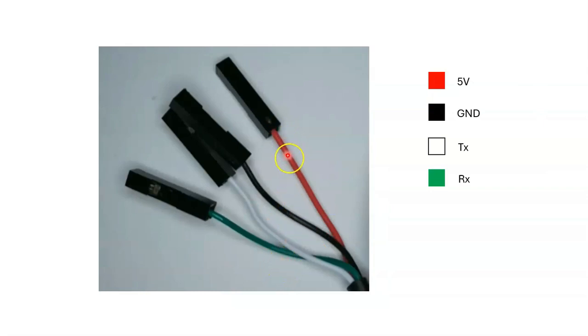The red wire is the 5 volts. The black wire is the ground. All these are referring to the USB TTL adapter cable. Now the white connection here is TX, the transmit, and the green connection is RX, the receive.